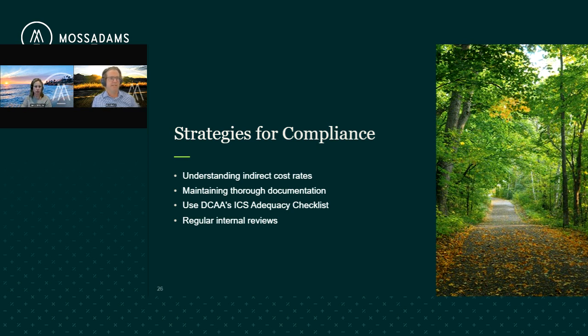Then on Schedule E, you'd want to verify that each base is explained in detail and that cost elements align with reference schedules, particularly on Schedule H. And then finally on Schedule H, you're going to want to make sure that all the flexibly priced contracts and subcontracts are listed by contract type, and that subcontract costs tie to Schedule J. So you can see the pattern here wherein the entire ICE model ties, it cross-references itself.